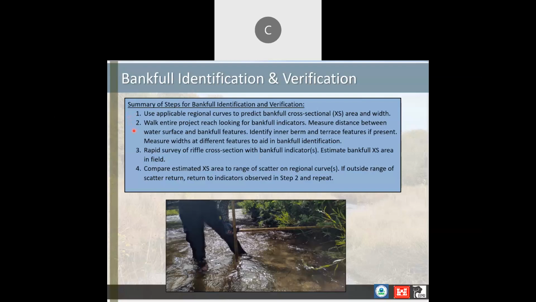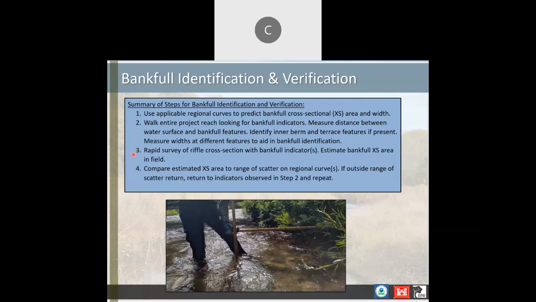So it's possible that there's an inner berm or terrace features, or if you don't know what an inner berm feature is, you might just see different levels. As you're walking the reach, you can record the distance between water surface and those indicators and mark them as the low indicator, the high indicator, and keep track of what kind of indicators you are observing within your reach.